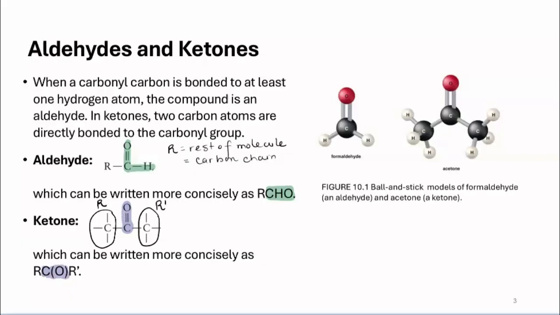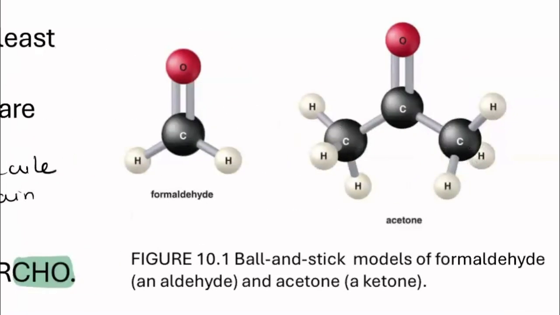In figure 10.1, we have the ball and stick models for functional groups that are present in these molecules. On the left, let me zoom in, we have the molecule called formaldehyde. Formaldehyde is the simplest aldehyde because it only has one carbon atom and it has hydrogen on both sides of the carbonyl.